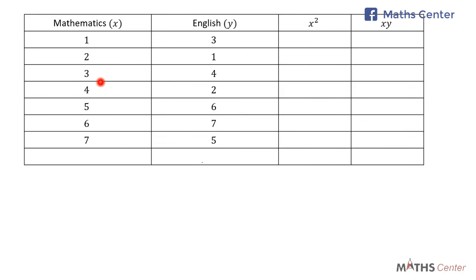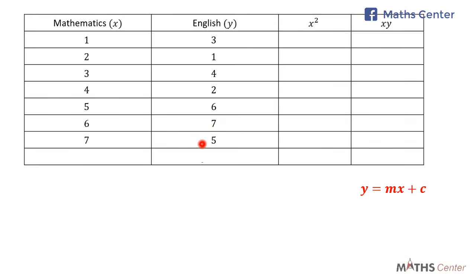In the first column, we will have the mathematics scores. That will be our x values. In the second column, we have the English scores. That will be our y values. In the third column, we will have x squared, where we will square the x values. And in the fourth column, we will have xy, where we will multiply the x and y values.